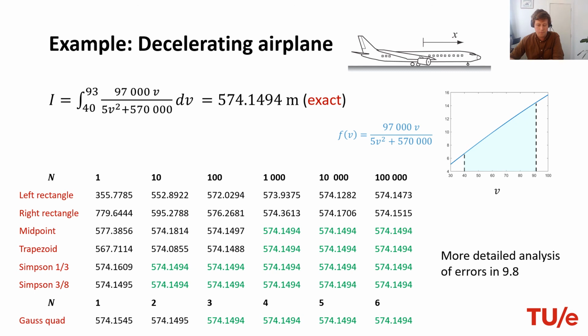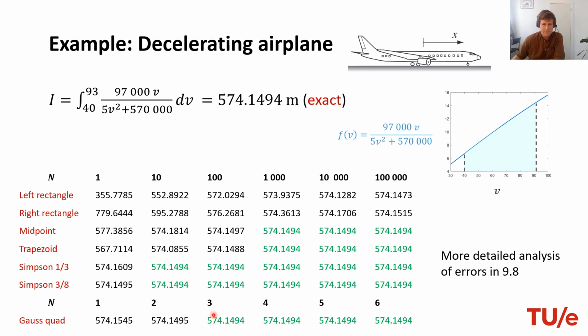Let's also compare this Gauss quadrature method to the methods that we saw earlier in this video lecture, the Newton-Cotes type methods: rectangle, midpoint, trapezoid, and Simpson. I'm not going to go too much into the details, but it's very important to see that from three Gauss points onwards, we have exact correspondence, at least up to 4 digits after the decimal separator, to the value over here.